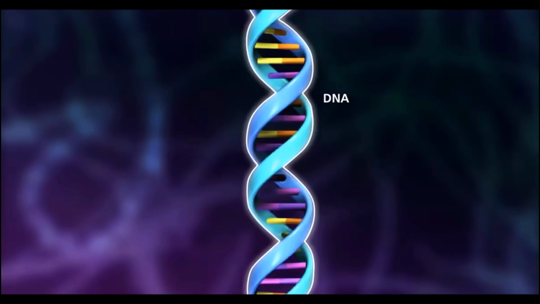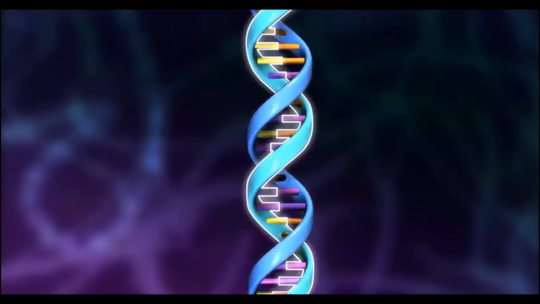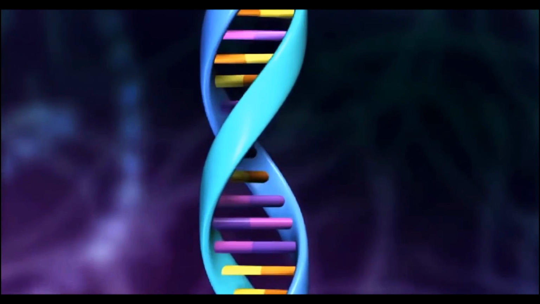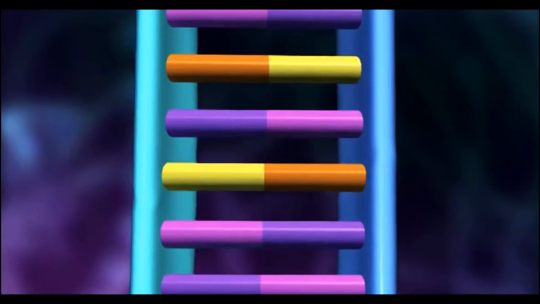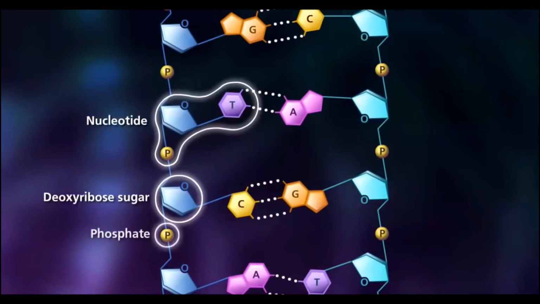Double-stranded DNA is a polymer of two strands of nucleotides, which are hydrogen bonded to each other to form a double helix. Nucleotides are molecules that consist of a deoxyribose sugar, a phosphate, and one of the four nitrogen bases.